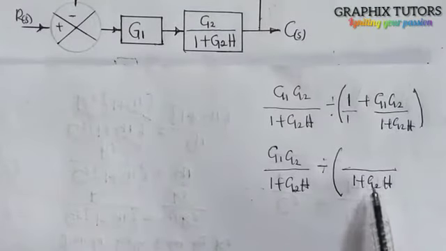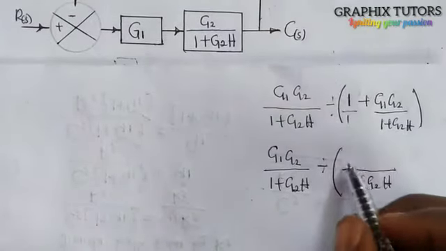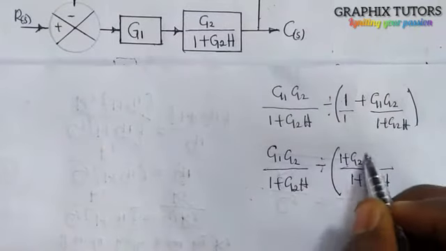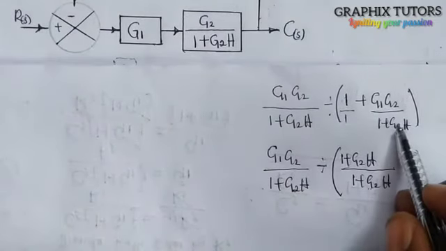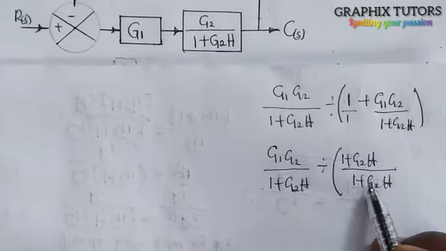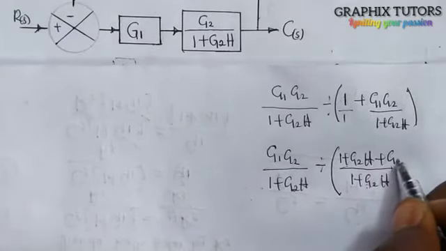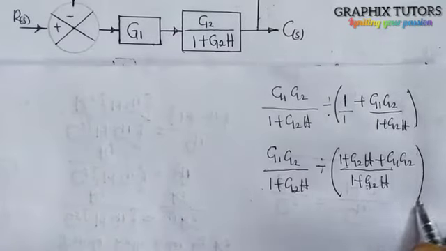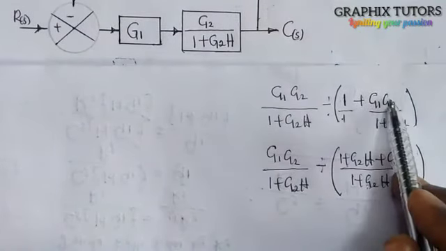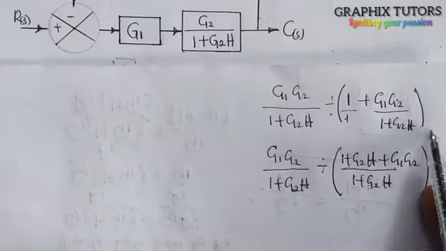So 1 in this will give me this, times 1 here will give me 1 plus G2H. 1 plus G2H in 1 plus G2H will give me 1 plus G2H, and 1 times G1 G2 will give me G1 G2.